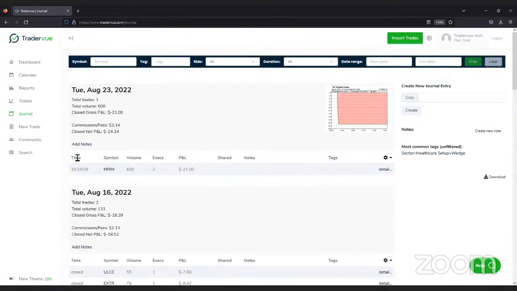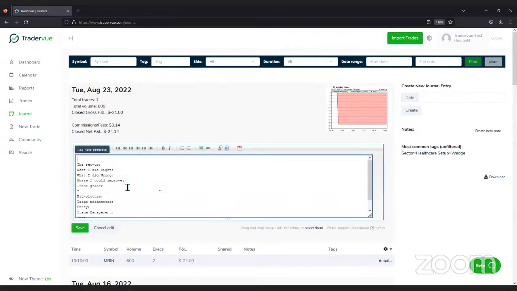You can see the time, the symbol, volume of shares traded, number of executions, P&L, whether it is shared or not, the notes, and of course the tags of these trades. Something to take into account is that you can add notes specifically for a day. Here you're not adding a note for the trade, you're adding a note for this specific day.